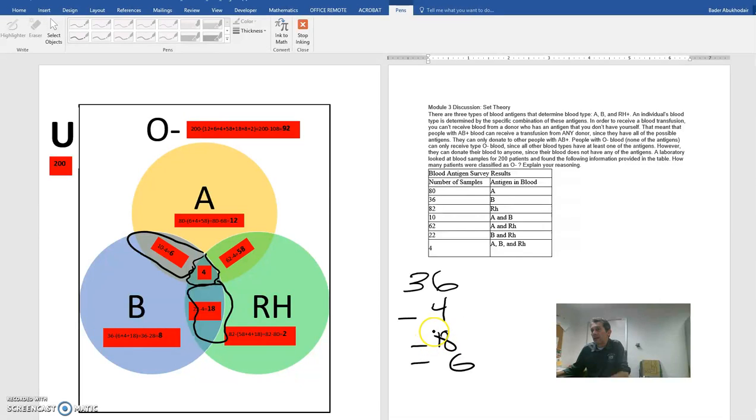So again, notice that I did slice the B, the whole circle B, into 3 parts, and every part means something different.